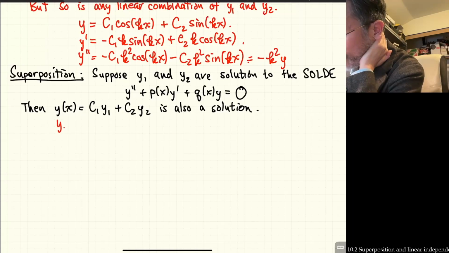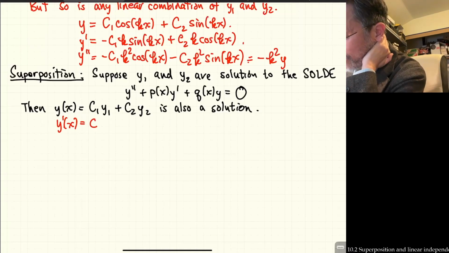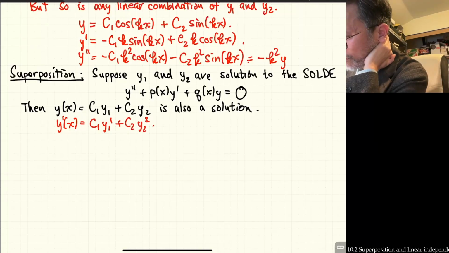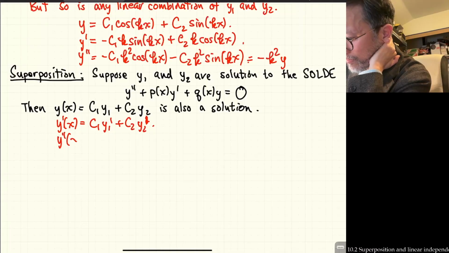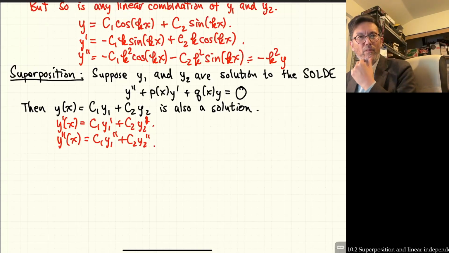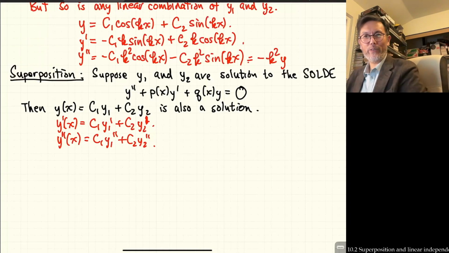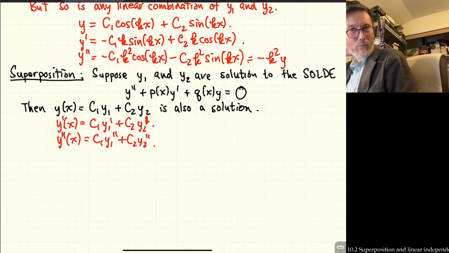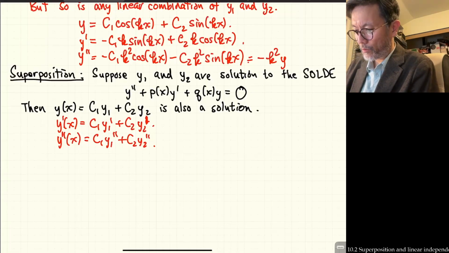Why? Because what is y prime of x in this case? y prime of x is c1y1 prime plus c2y2 prime. And what is y double prime of x? Well, that's c1y1 double prime plus c2y2 double prime. Okay? And now you just plug all this garbage into the original equation, and we'll see what happens when we do that.